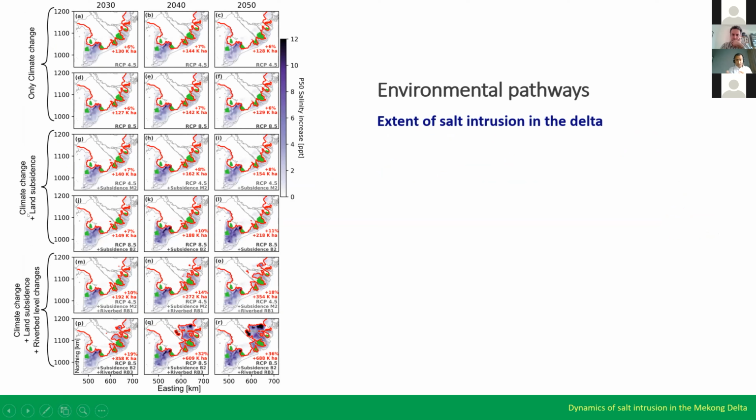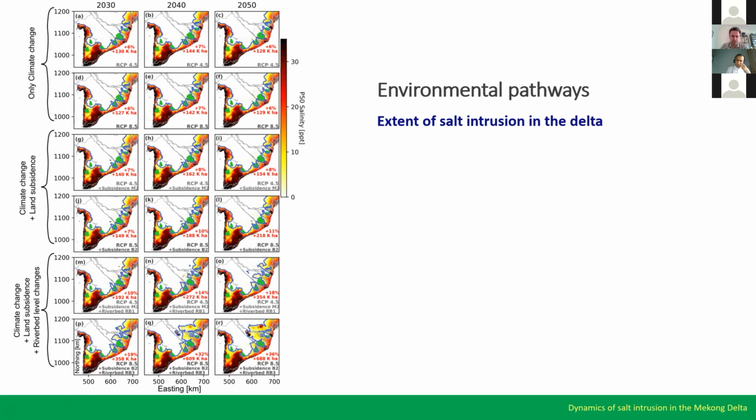And for land subsidence, we used Philipp's projections of groundwater extraction and spatially varying land subsidence until 2050, and riverbed level changes, as has been observed, it can be predicted for the next 3 decades. And we can also show absolute, but maybe difficult to see in this image. The very bad scenarios, you can see here.